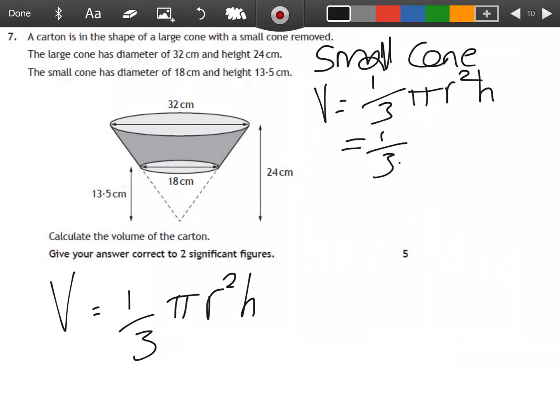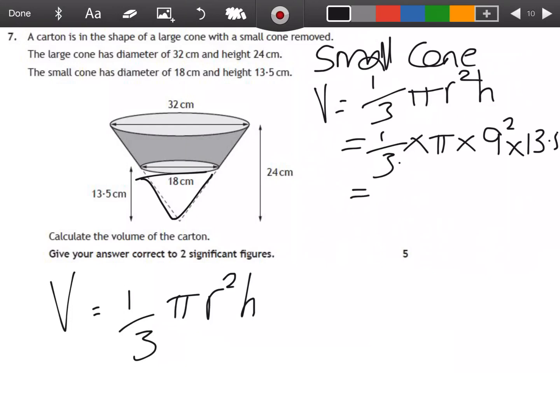A third times pi times the radius of the small cone. You'll see the diameter is 18. So this is the wee cone here at the bottom I'm talking about. The diameter is 18, so the radius is only 9, half of it. And what's the height of the small cone? It's 13.5. It's in the picture. Okay? Right, get your calculator.